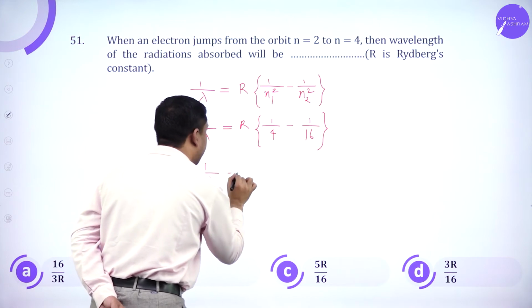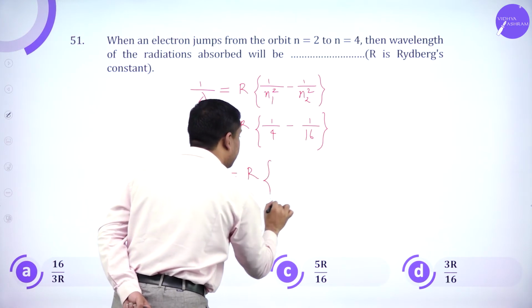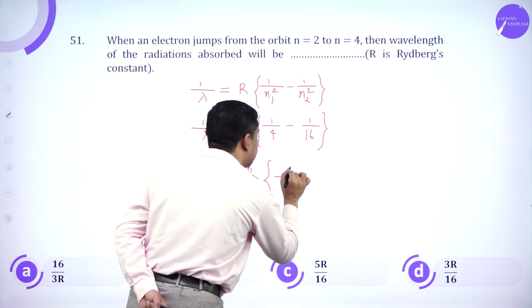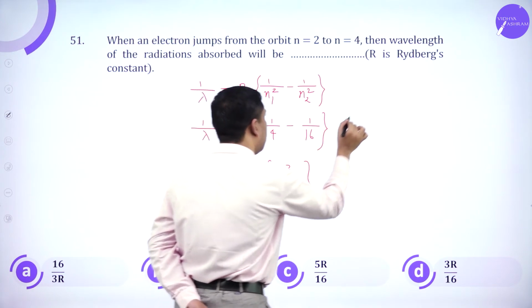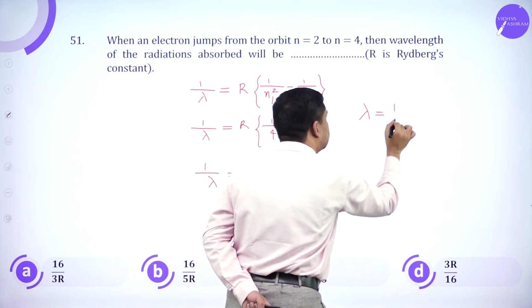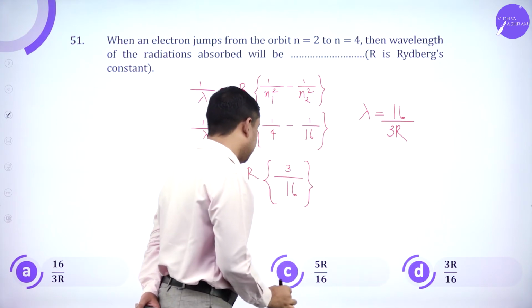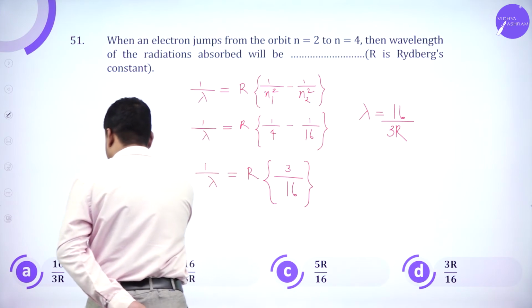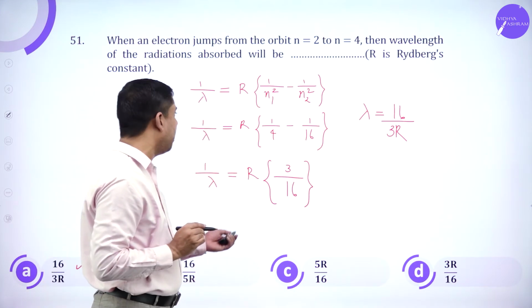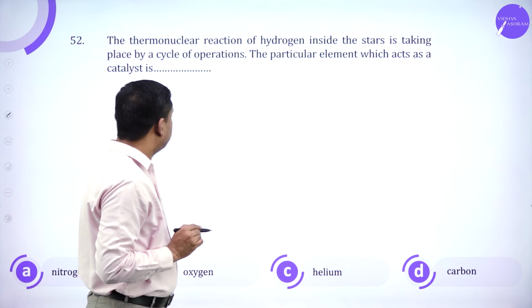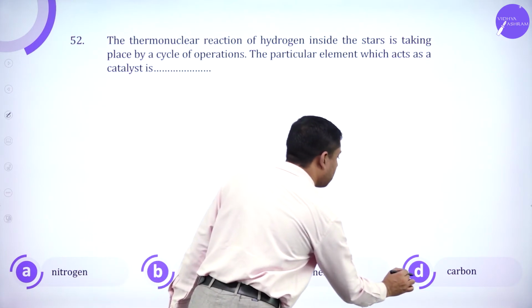Taking LCM we get 16, 3 by 16, or lambda is 16 divided by 3R. So the answer has to be 16 divided by 3R. Answer is C.